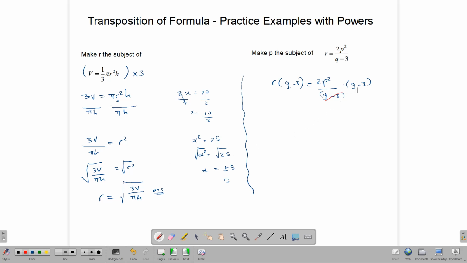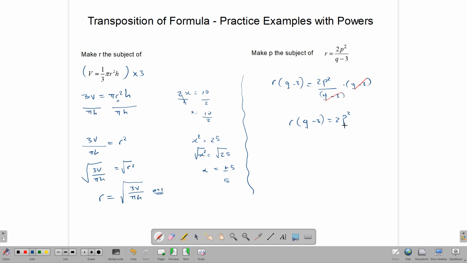These two cancel each other out, and so what we're left with is r times q minus 3 is equal to 2p squared. Since we want p and p is here, we do not have to trouble the bracket. We can leave it alone, since what we want is not in the bracket.